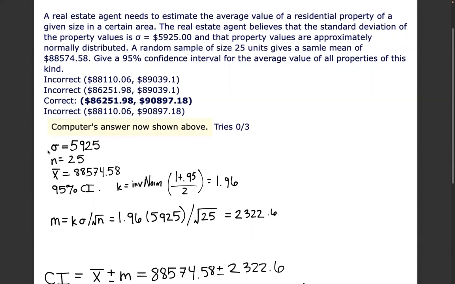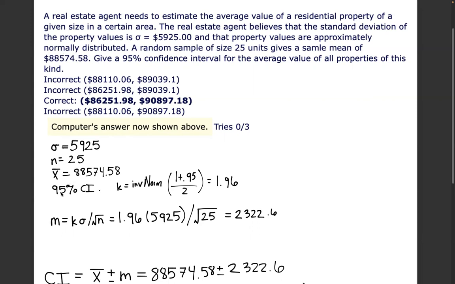Okay, so I'm just going to write down what we're given before we jump into the problem. So our sigma is 5,925. That's given here. Our sample size is 25. Our X bar, our sample mean, is $88,574.58.